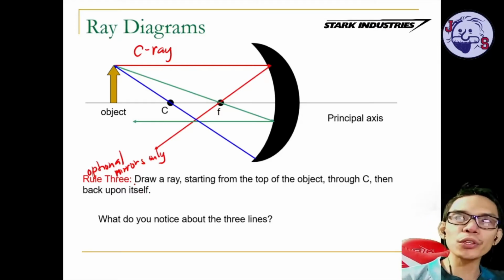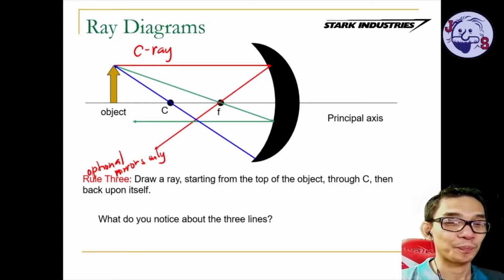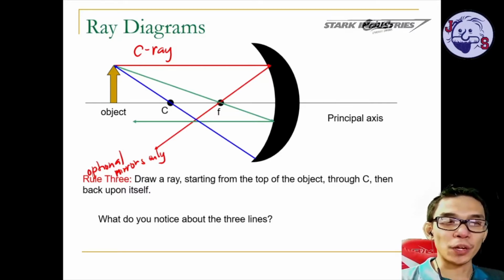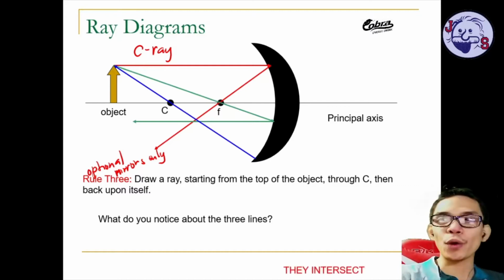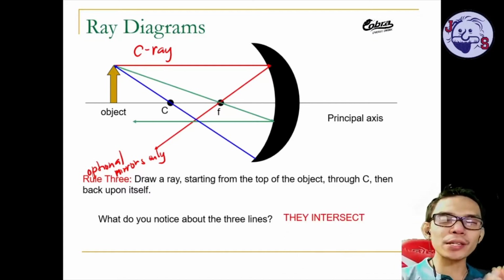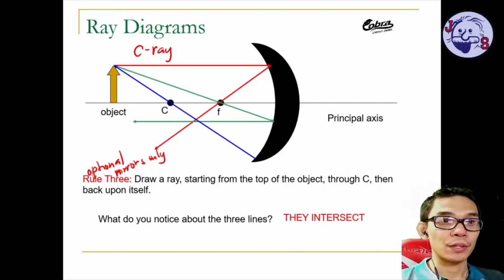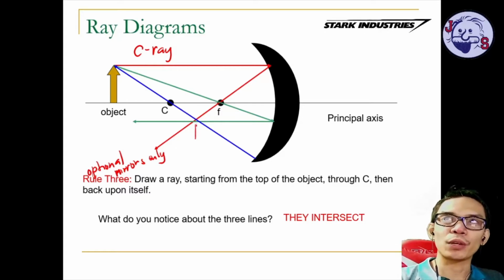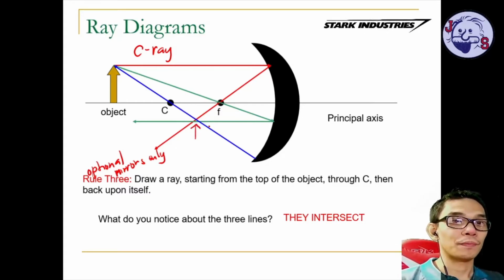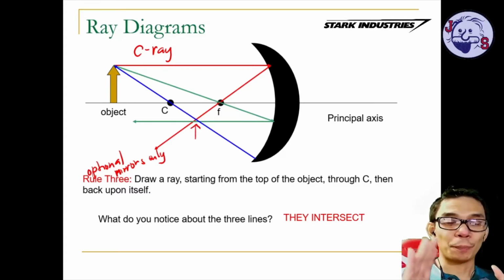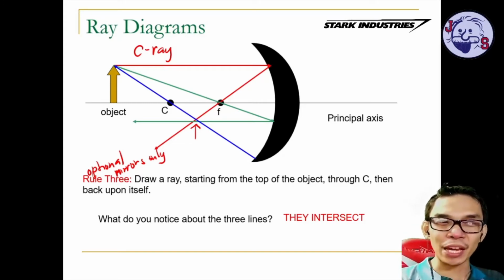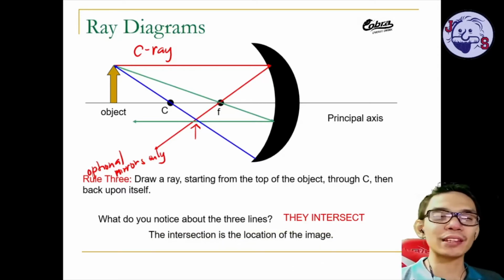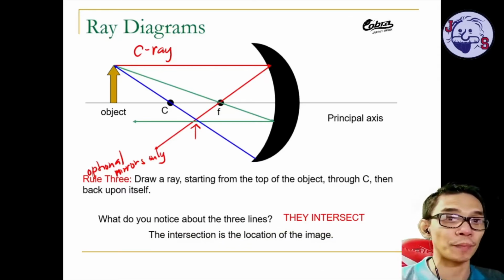So as you can see, what do you notice about the three lines? If you said that the three lines intersect, then you are correct. What does this intersection mean? If you said that that is the location of the image, then you are also correct, because the intersection means that that is the location of the image.